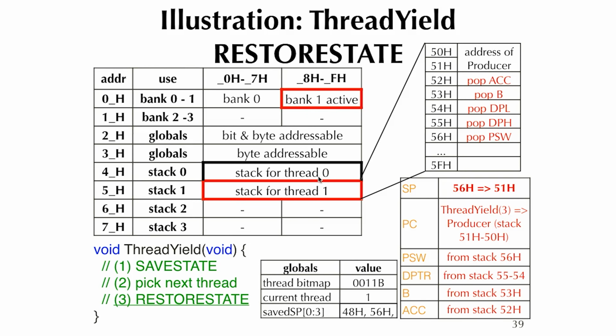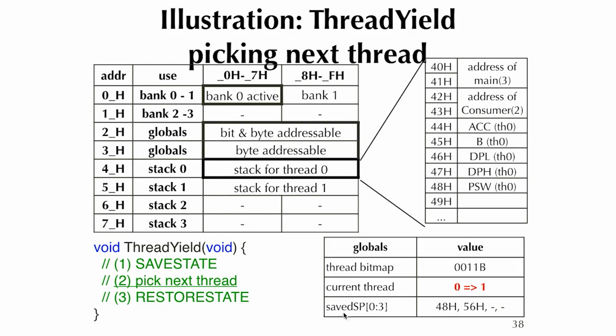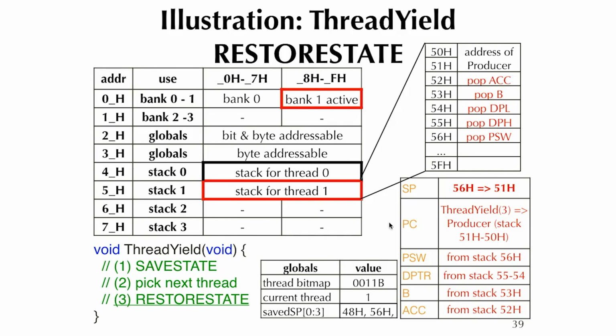So we were running thread 0, but after setting this to thread 1, as soon as you start doing restore state and switch the stack pointer based on the current thread, right? That's what restore state has to do. So restore state as a macro says, oh, my current thread is now thread 1. Thread 1 has a saved stack pointer of 56. So it goes to 56, and that's your top of stack. As soon as the stack pointer changes, you switch the thread. You completely switch the thread.